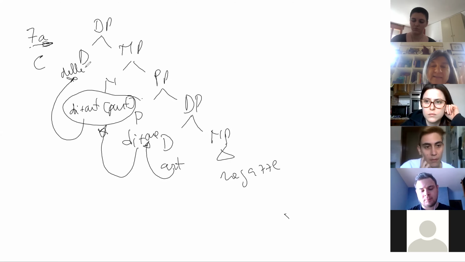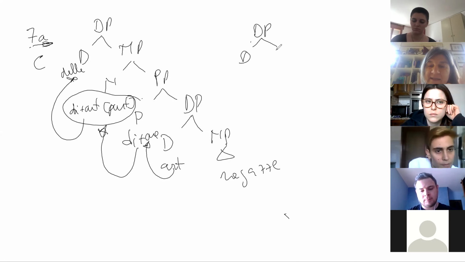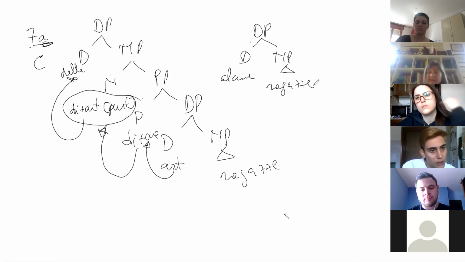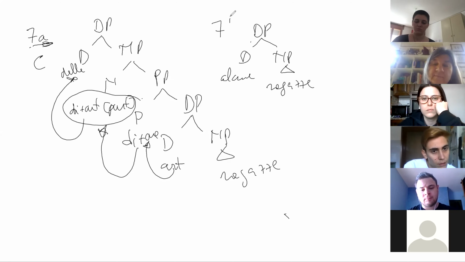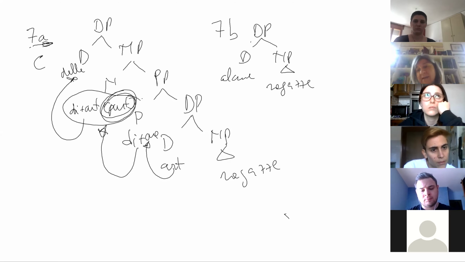But in another sense, it says that delle ragazze is much more complicated than alcune ragazze, because alcune ragazze just has this structure. According to Kayne, delle ragazze has a partitivity component with a part noun, which is still there, and has moved to D.